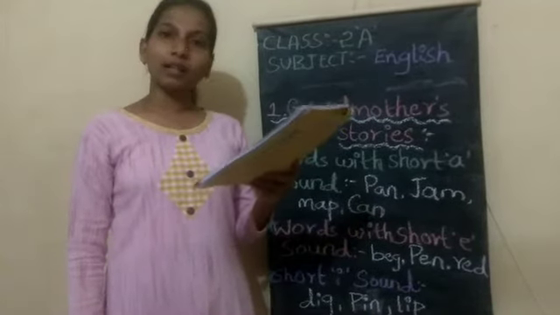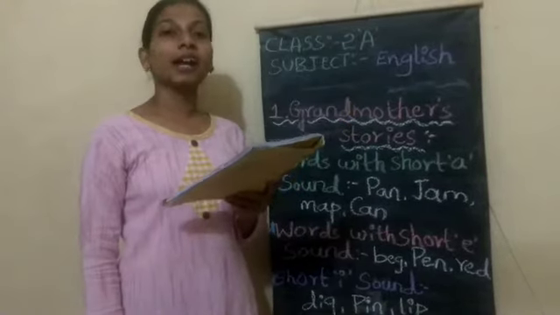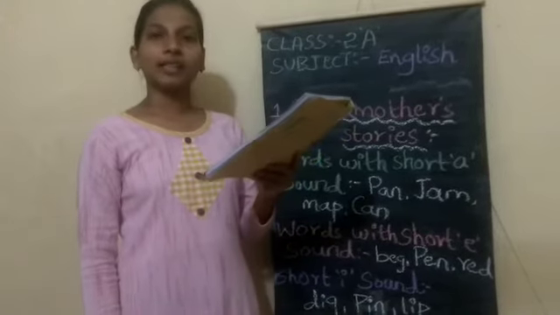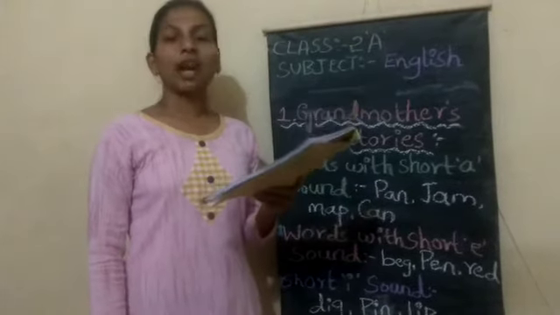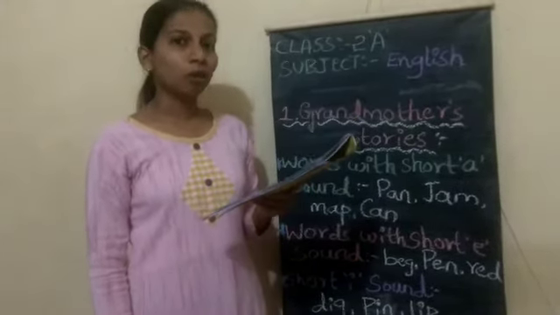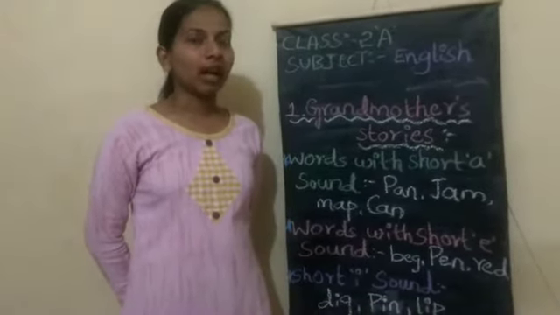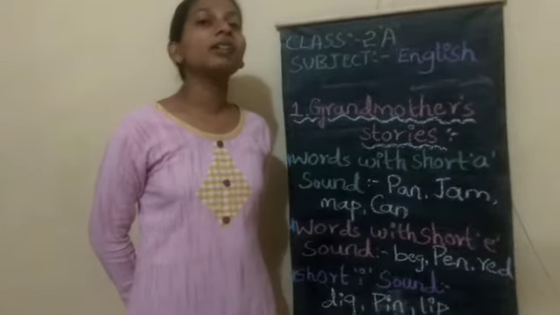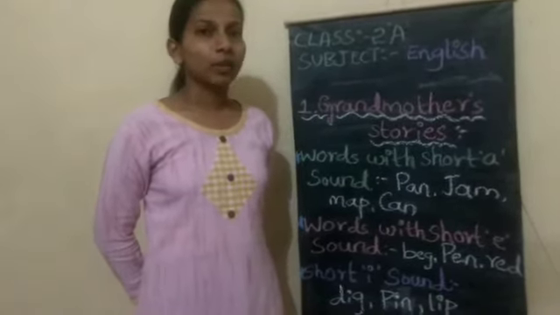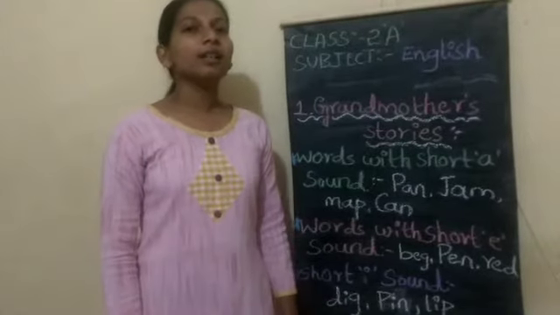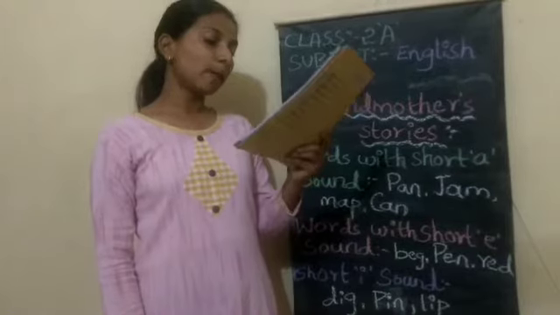Let us read a story about a grandmother and her granddaughter, Lalita. They spend time together sharing stories and photographs. Here comes a grandmother and also her granddaughter. The granddaughter's name is Lalita. She was listening to stories with her grandmother.